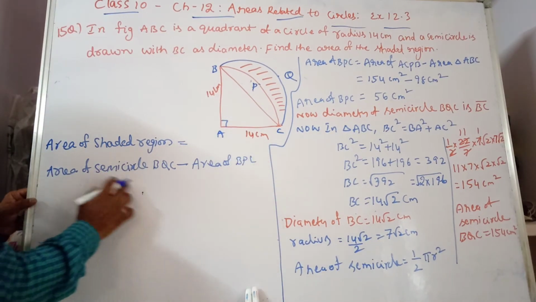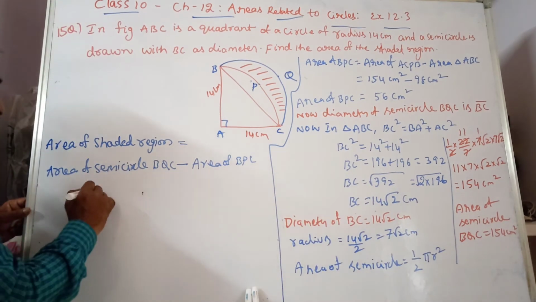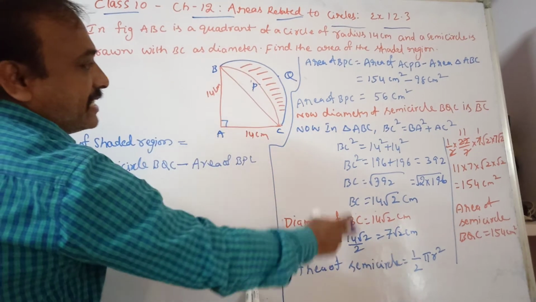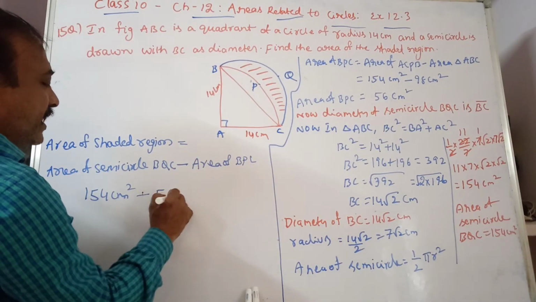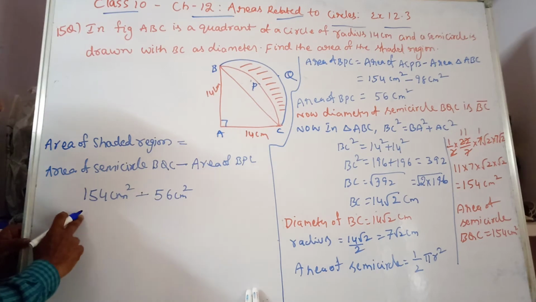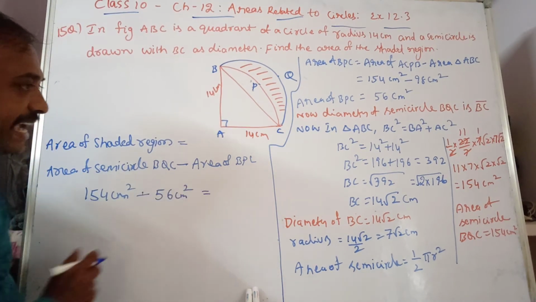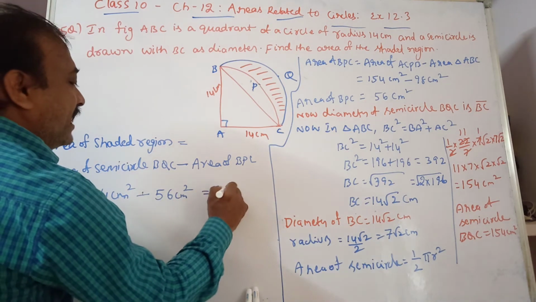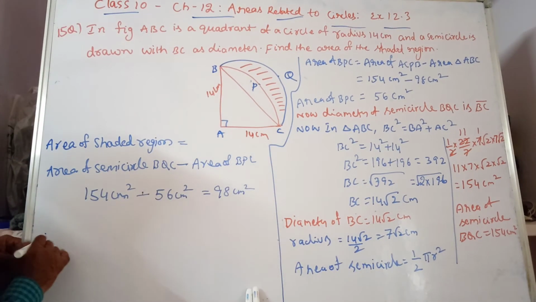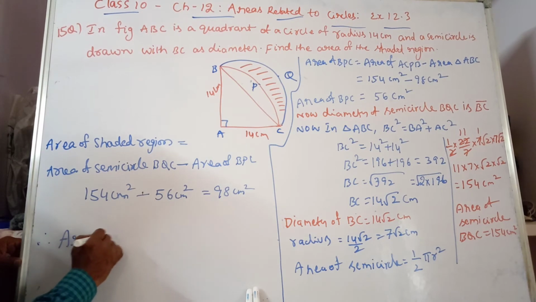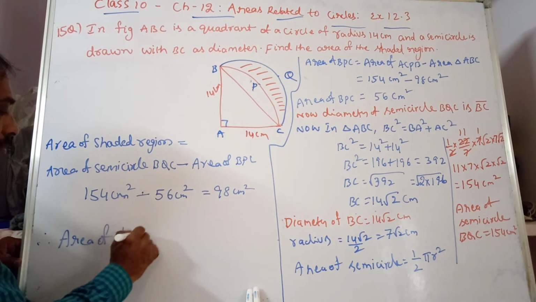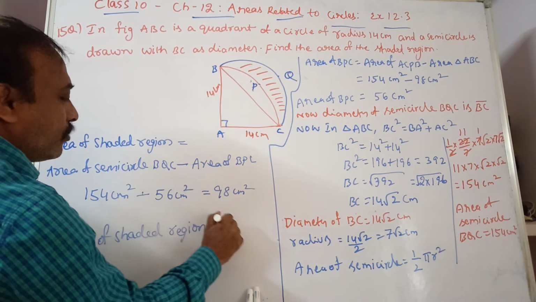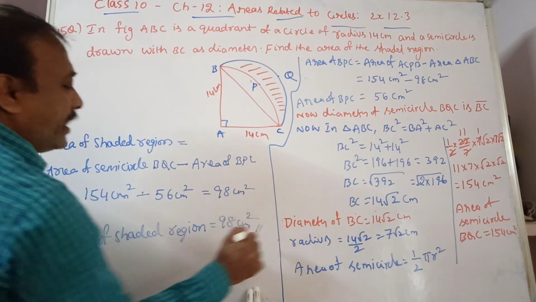The area of semicircle that we got is 154 centimeter square minus area of BPC, which we just now got as 56 centimeter square. So 154 minus 56 you will get 98 centimeter square. Therefore area of shaded region is equal to 98 centimeter square.